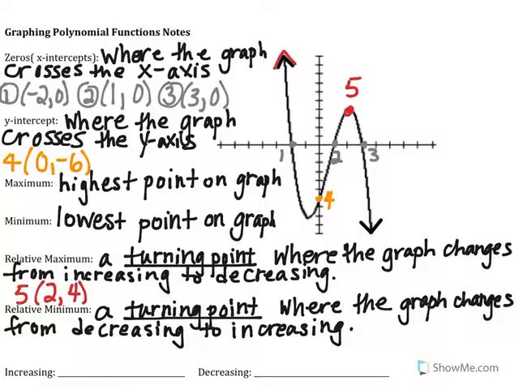And on this graph, I'm going to label this one in blue, number 6. That point is about -1, -8.